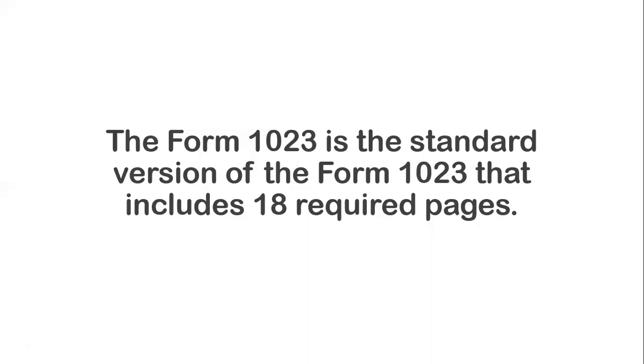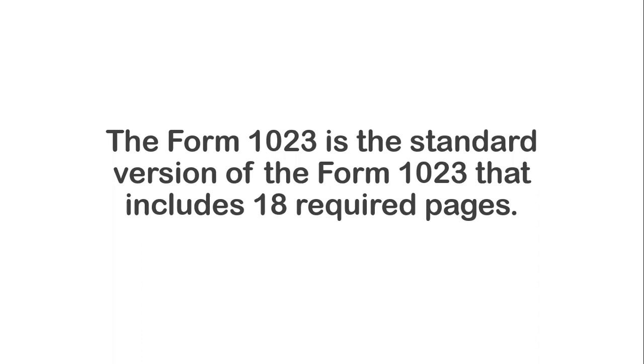The Form 1023 is the standard version of the Form 1023 application for recognition of exemption. That's the full name, the Form 1023 application for recognition of exemption, that includes 18 required pages.